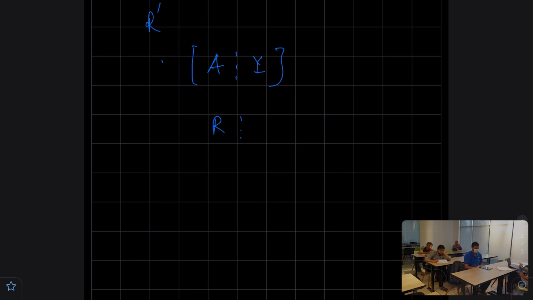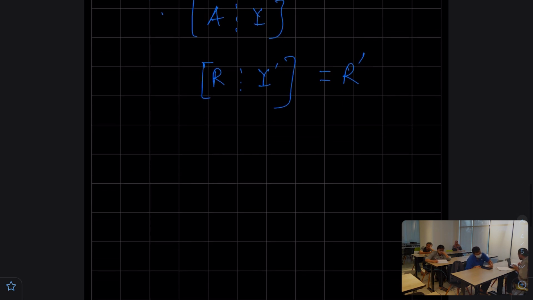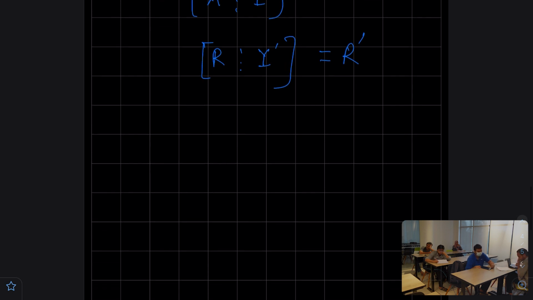So then that will give R prime. Let's just consider this something Y prime. Then this is the R prime matrix. Does that answer your question? Okay, let's consider this to be not Y, but Z.